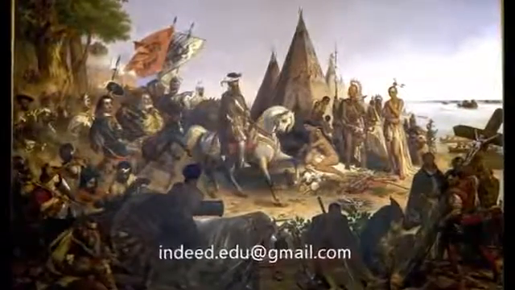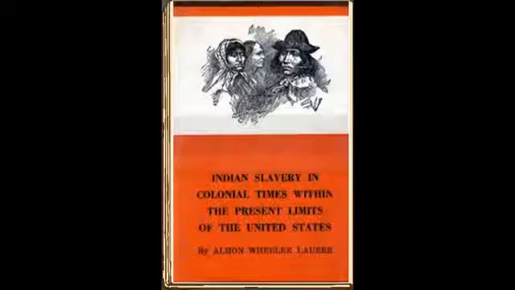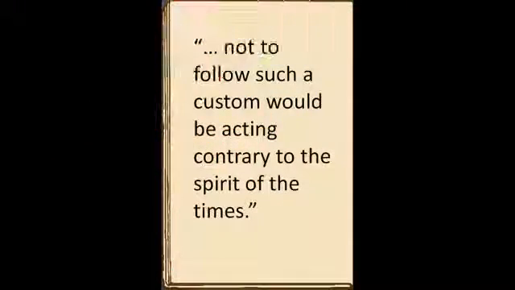Since other means of payment were scarce, slavery satisfied this need. Slavery was considered a part of any expedition of discovery and conquest, so, as stated in Indian Slavery During Colonial Times, not to follow such a custom would have been acting contrary to the spirit of the times.